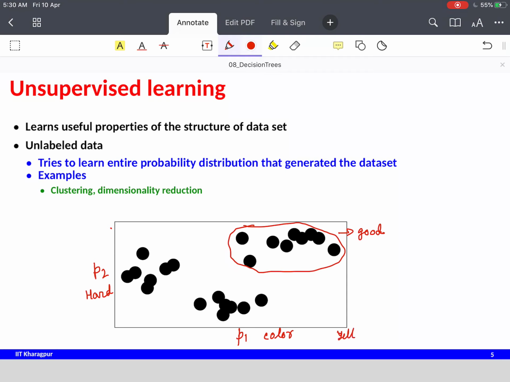This side is more on the yellow side, this is more on the green side, and hardness decreases on this side. So maybe this is the green mangoes, so maybe we are not looking for this one. This set of observations may fall into the other category. So we can actually categorize the different sets of observations.